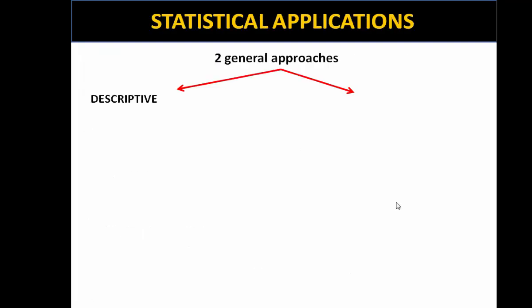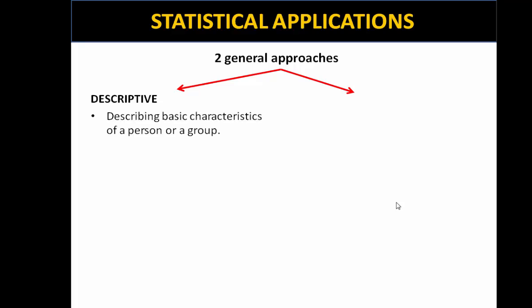There are two other approaches that we take in terms of statistical applications or quantitative measures that we'll focus on throughout the entirety of this course. And the first approach is to generate what are called descriptive statistics or descriptive data.